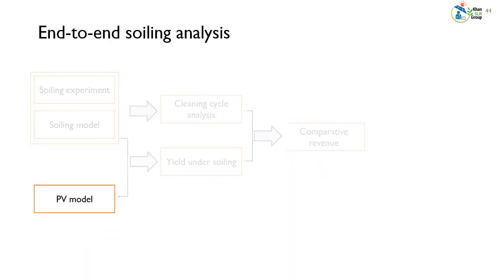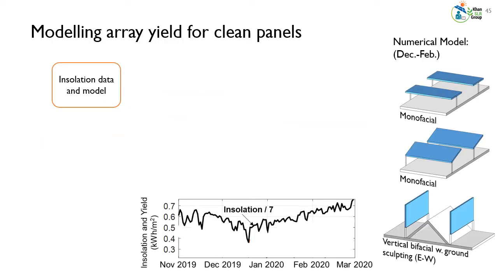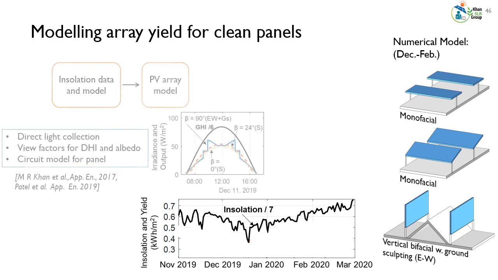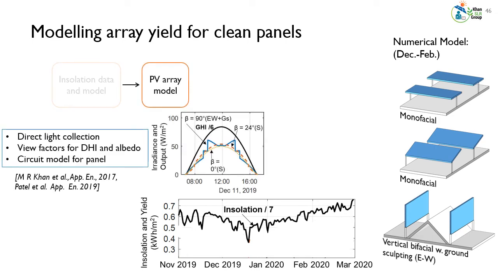Now let's have a look at the output from the PV model. For that same timeline, we can figure out what is the insolation, right? So you can download it from any database like the NASA database or the NSRDB database, and using that you can figure out what are the output of the 3 different configurations.